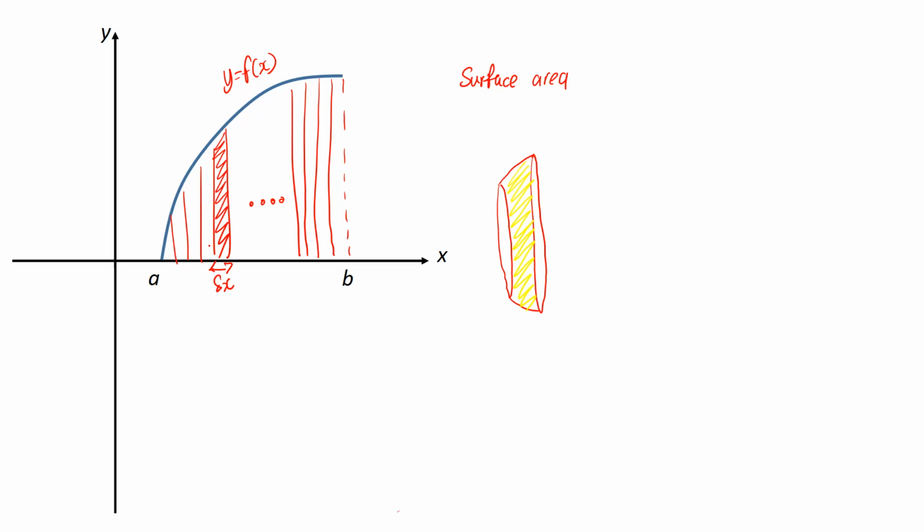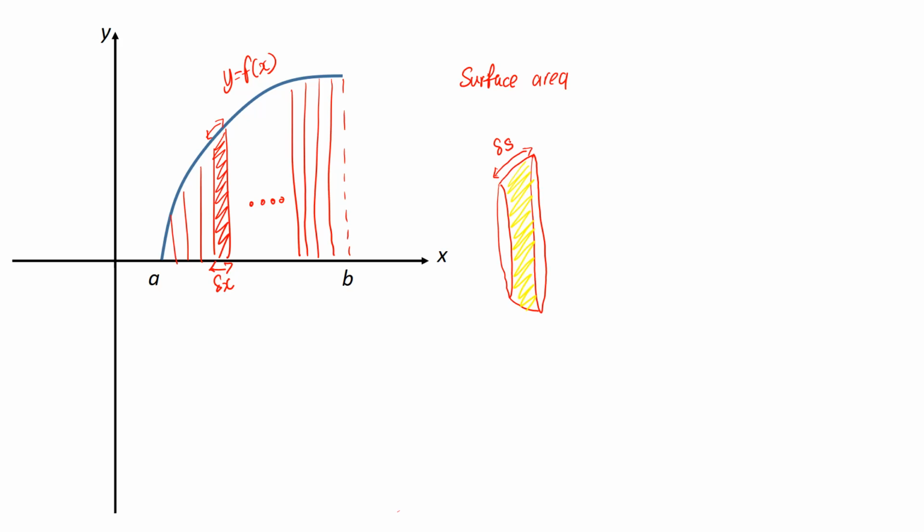So let us first try to find the surface area generated by this one strip. Firstly, I need to know what this is. If you recall, this is actually part of the curve, and earlier on we gave it a name, small change in s, where s represents the arc length. So this is a small part of the arc length.